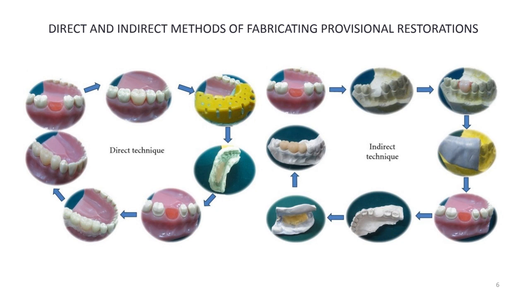and then return it to the dentist for insertion. In the direct method, this is done, like I said, at the chair side by the dentist, and it's done using either tooth shaded acrylic or composite resin, using also the temporary abutment inserted into the patient's mouth.